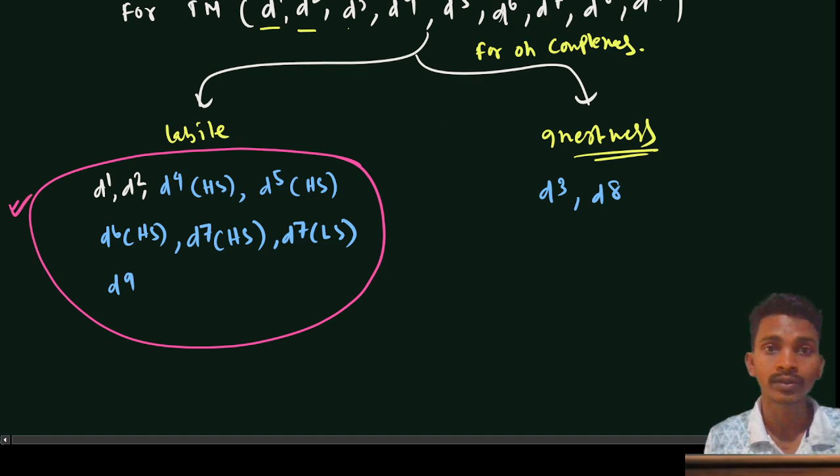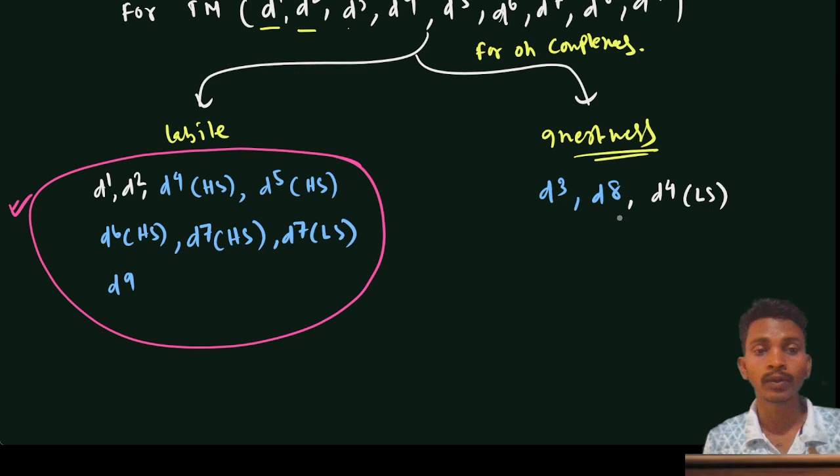Similarly for inert, there is d3, d8, then d4 low spin, which will not enter the eg orbitals.